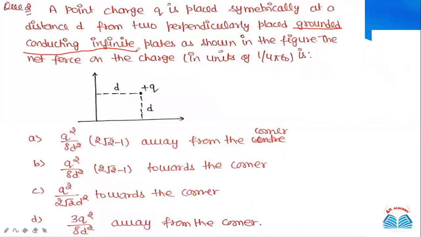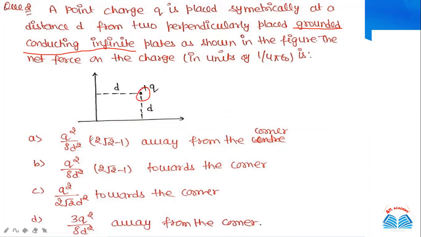That means this is a method of image problem. Okay. There is a charge in between these two plates, which is situated d distance apart from these two grounded conducting plates. We have to calculate the net force on this charge.